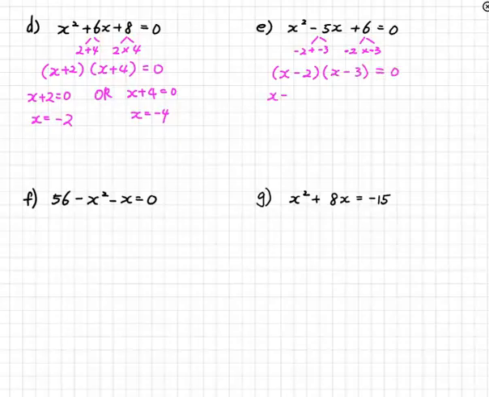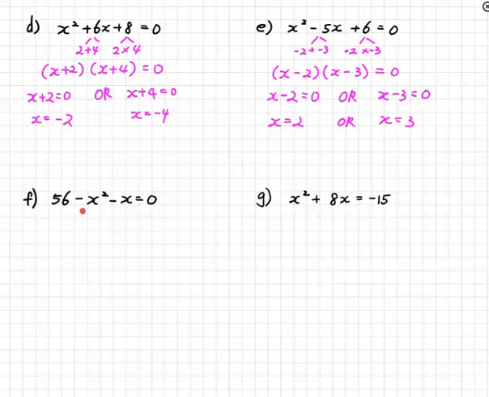So therefore, continue with the null factor law. You can say each one of them can be 0. So therefore, x equals 2 or x equals 3 are the possible solutions. Question F. If you look at it, this is not really in the nice highest power to the lowest. So what we can do here is we can actually put the x squared first, but you have a negative in the front.